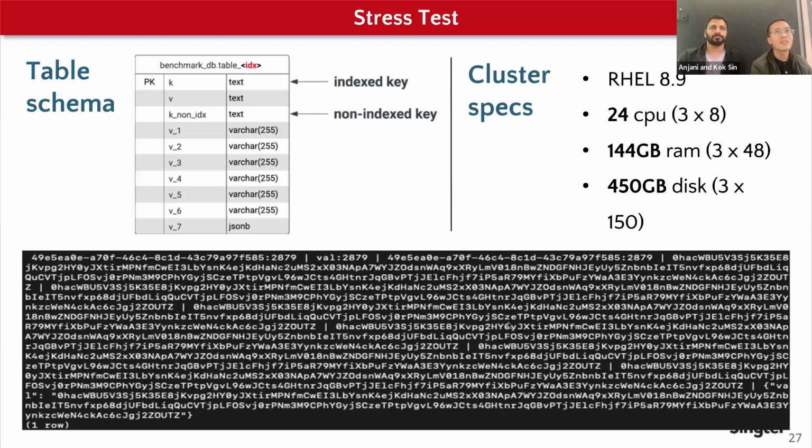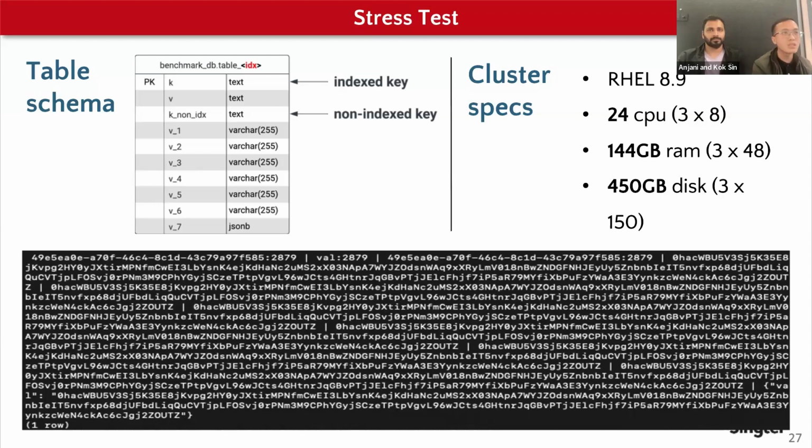Starting with defining a table schema, as you can see in the top left section, we have a table with 10 columns and one index key and also a non-index key. In the top right section, you can see our cluster specification. We have RHEL 8.9 installed, and we have 24 CPUs in total, 144 gigs of RAM in total, and 450 gigs of disk space in total.